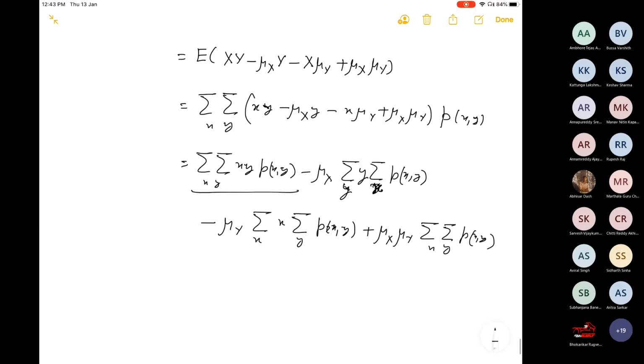So the first term is nothing but the definition of the expected value of xy.